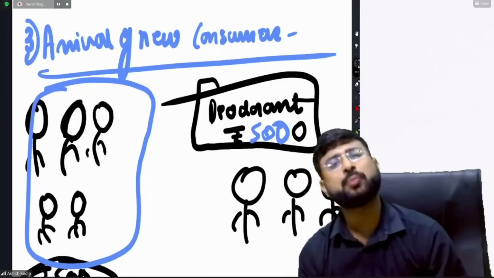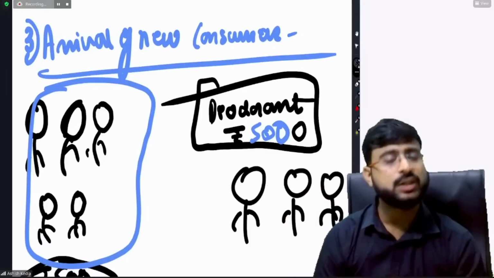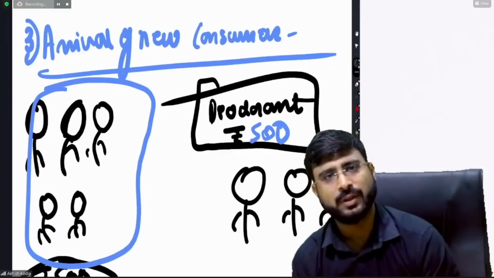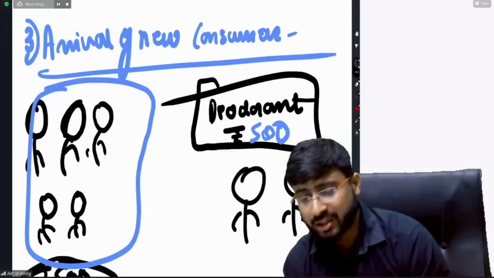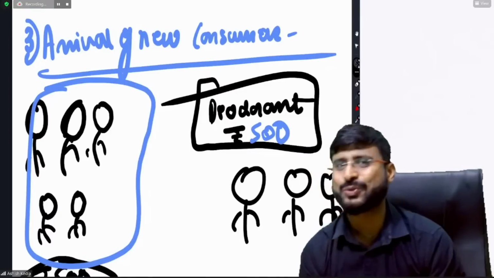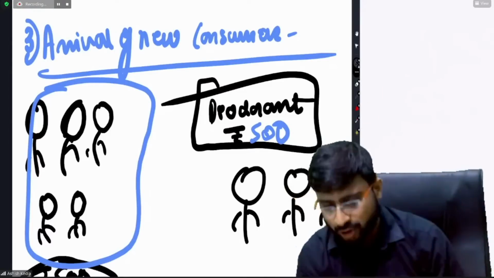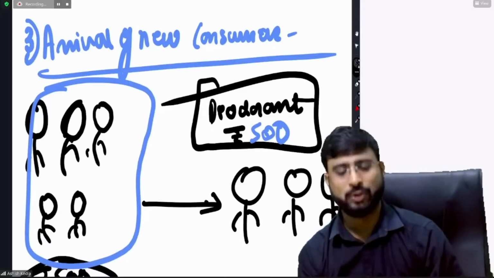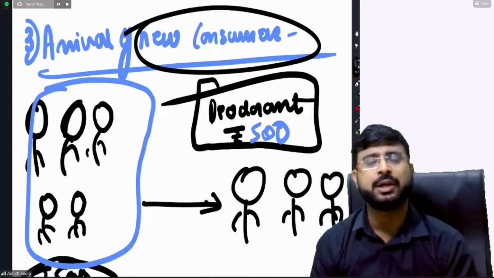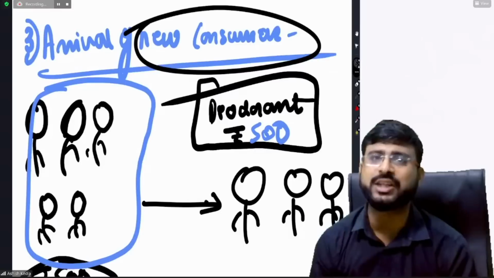Now suppose this company comes and announces that from now on, the price of deo will not be 5,000, rather it will be 500. Now you tell me what will happen? Yes, you are correct. People who initially were not using deodorant will now also start buying. So arrival of new consumers means initially they were not buying this commodity, but because the commodity became cheap, they became customers of this commodity.